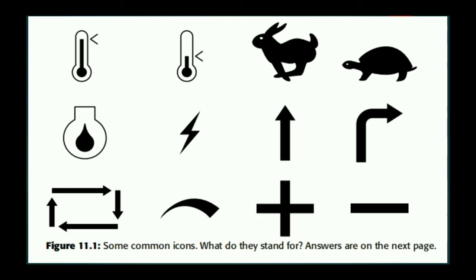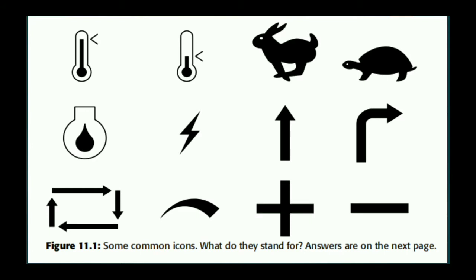The next one is the rabbit. Rabbit has some meaning, because we know the rabbit and tortoise story. So the rabbit is referred to as very fast. With the help of the rabbit icon, we can easily depict that it is displayed to show fast.